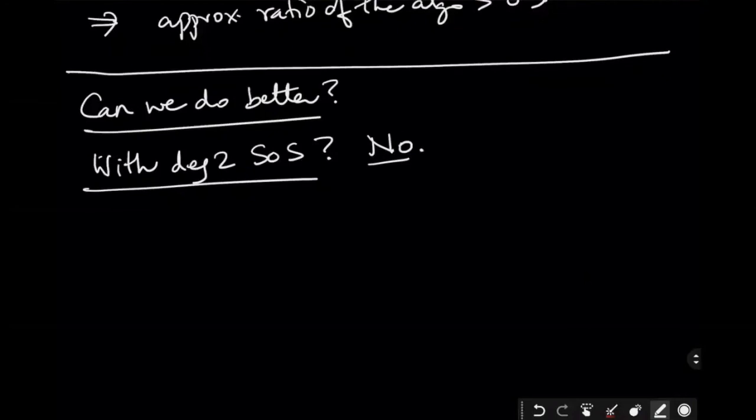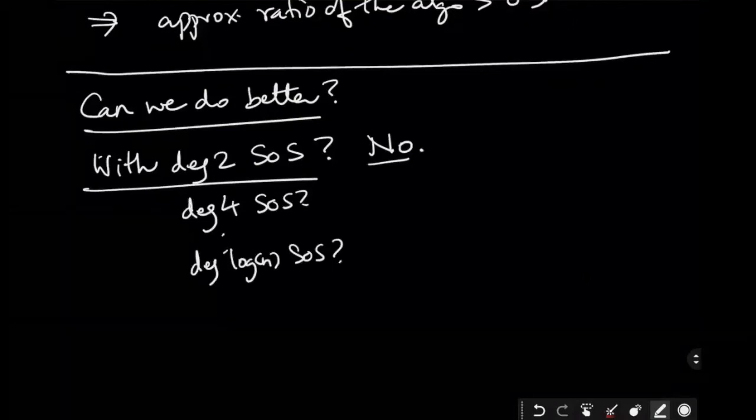In particular, we can ask the same question for degree 4 SOS and degree 6 SOS and degree 10 SOS. And maybe you're not just looking for polynomial time algorithms. You can even ask it for degree log n SOS, because for whatever reason, you might be okay with even designing an n to the log n time algorithm. And even though for degree 2 we completely understand this, the question is open.